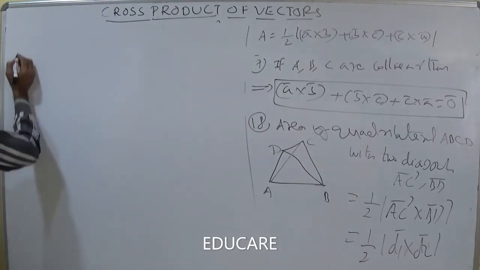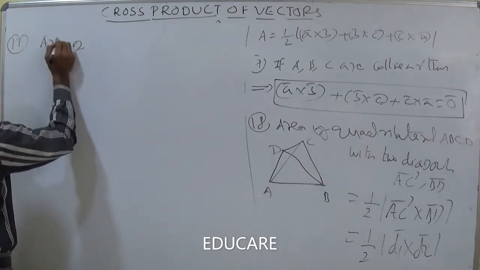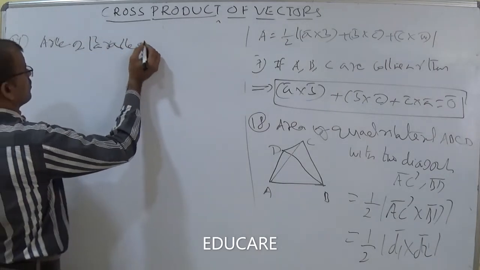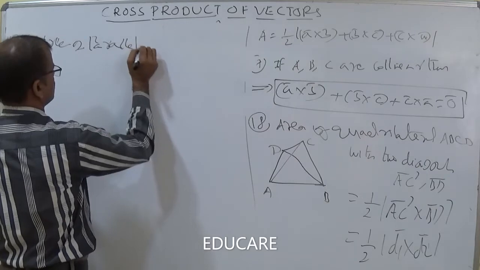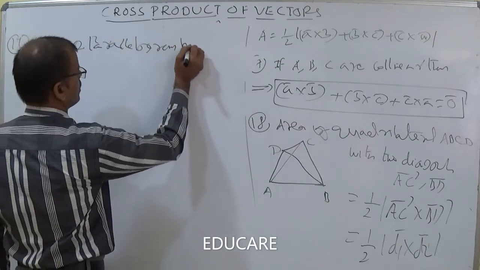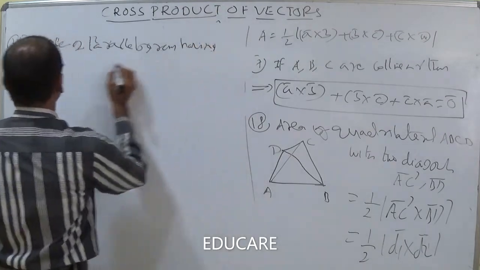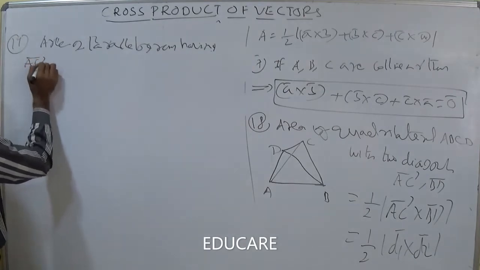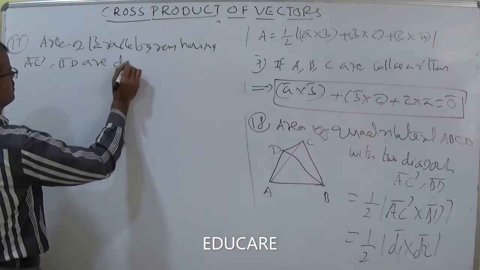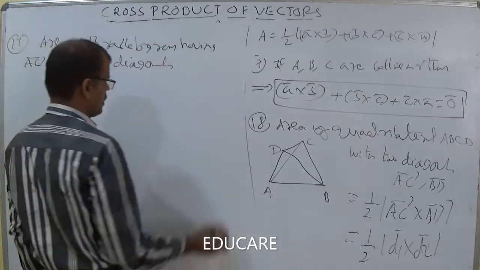Next, the 19th one: area of a parallelogram. Area of parallelogram having AC and BD as diagonals, same concept, because separate sums are there for parallelogram and quadrilateral.